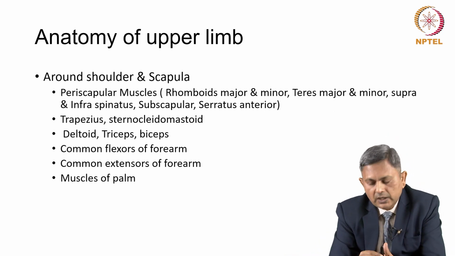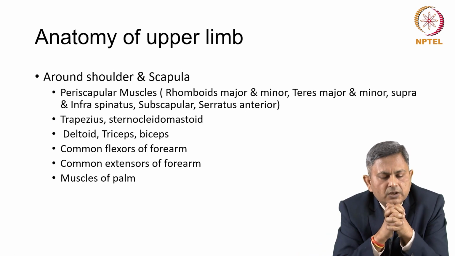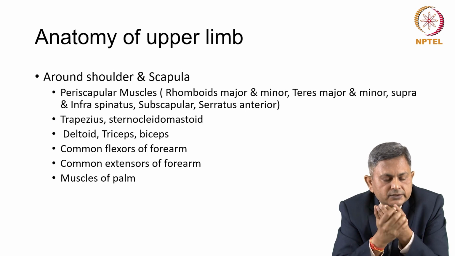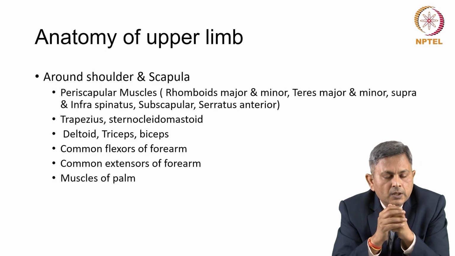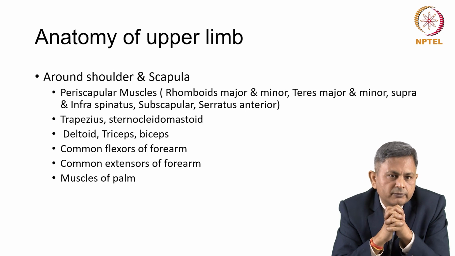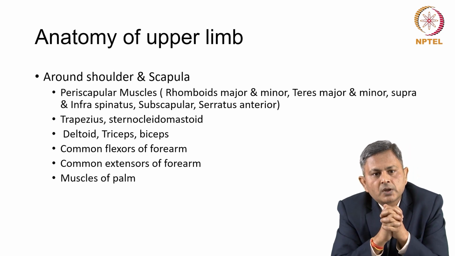After these bony structures, now we will read about the various muscles of the upper limbs. So first we will cover the muscles around the shoulder and scapula.